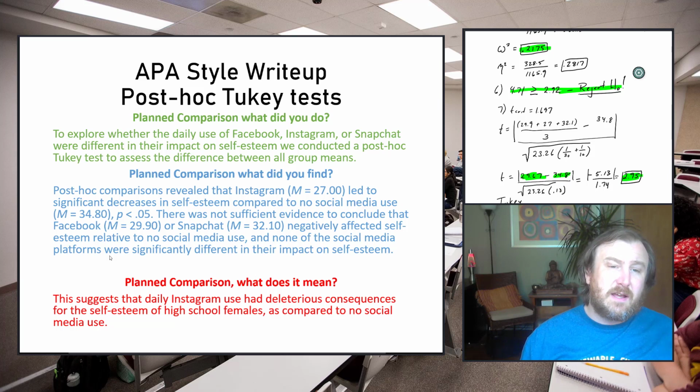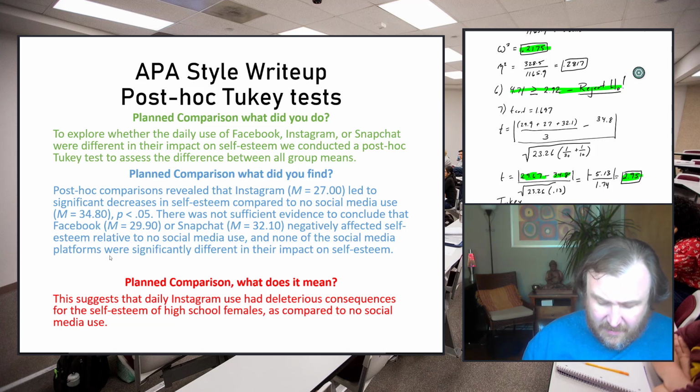One key thing, this is an opportunity for you to really wrap your mind around what emerged from those post-hoc comparisons and concisely figure out what it means when you put it all together. You don't want to say, Facebook was not different from Instagram.